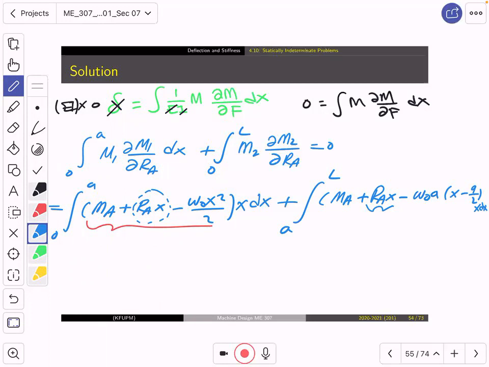Okay, we are done. What is going to happen? When you do the integration, guys, here you multiply by X and then you integrate.